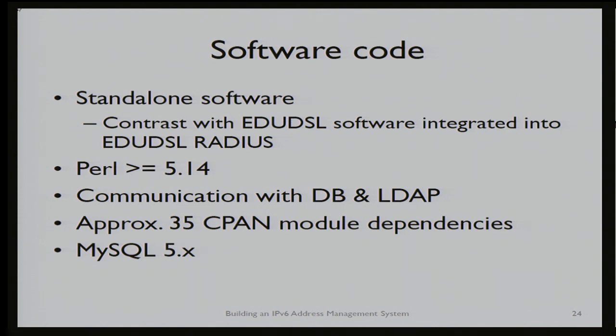Obviously, our software now can communicate with the database and the directory. And of course, we're using a modern version of MySQL. And of course, contrast this piece of software with the one we had on the Greek student network where it got integrated into the RADIUS. This is a standalone software. So for example, we can run it once per day or something like that.